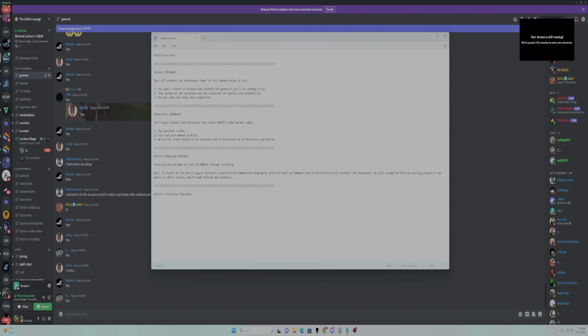Okay, so without further ado, let's get right into things here and let's talk about the exact way that Kottio works. So, with the way that Kottio works, we have 3 profit models built into Kottio. Number 1 is we have the sale of credit, right?